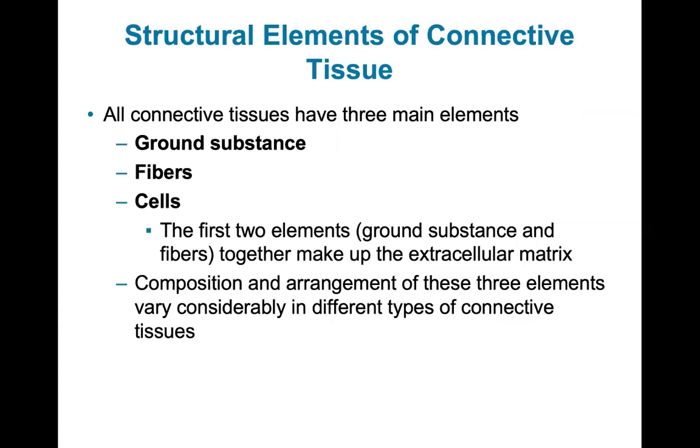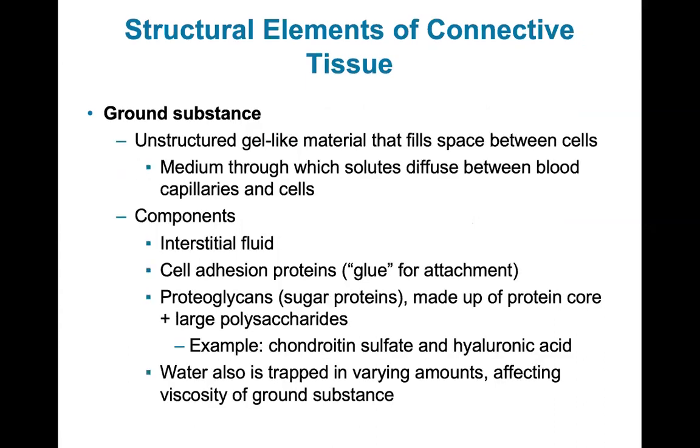So the structural elements of connective tissue, they're going to have three main elements, what we call ground substance, fibers, and cells. Ground substance is going to be an unstructured gel-like material that's going to fill the spaces between cells, essentially everything in between the space of the cells. Components of ground substance can include interstitial fluid, cell adhesion proteins.